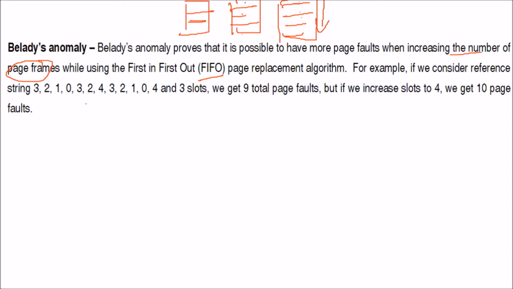I hope you will try it for yourself, as I just told you. This is the input reference string, and we have 3 slots. You get 9 page faults. But if you increase the frames from 3 slots to 4 slots, it will actually increase your page faults, which is not acceptable. So this is Belady's anomaly in FIFO.